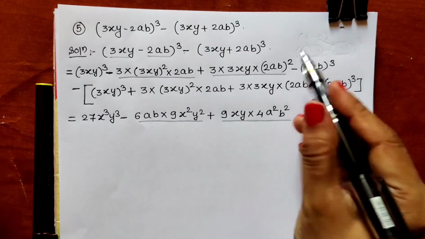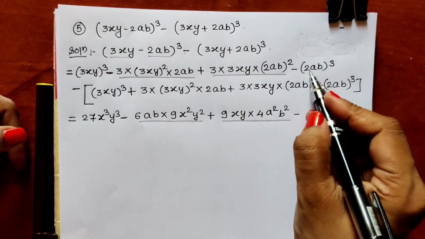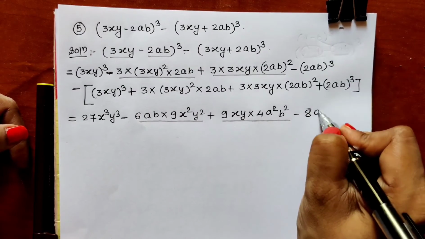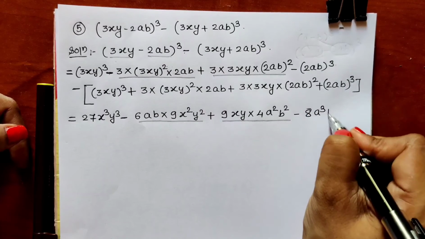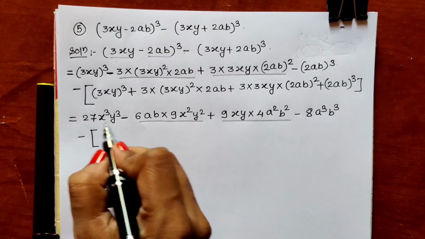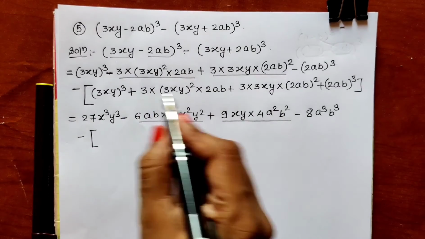Okay, minus sign is there, put the minus sign. 2 cube is 8, cube of a is a cube, cube of b is b cube. Then put the minus sign. All the terms inside the bracket will be same, only plus sign is there.